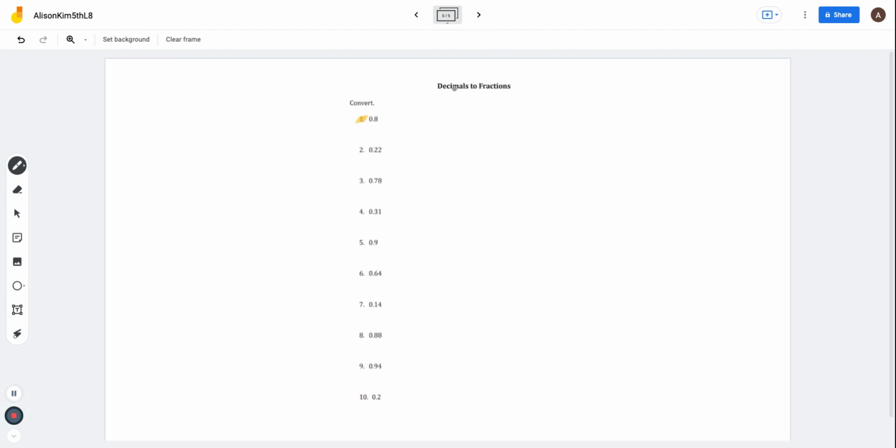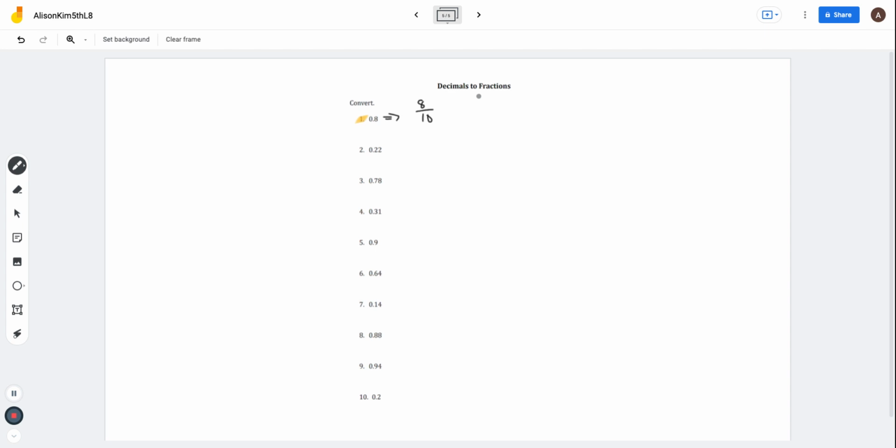Now we're going to do the opposite, which is turning decimals into fractions. We get 0.8, right? And in 0.8, the 8 is in the tenths place, so we can write it as 8 over 10. You can just leave it like that.